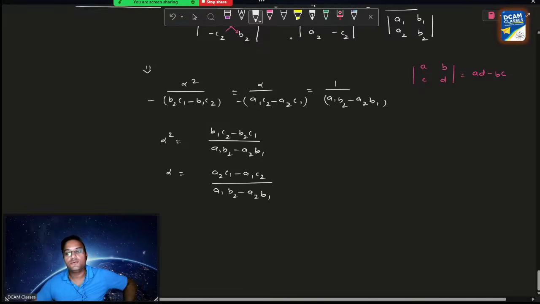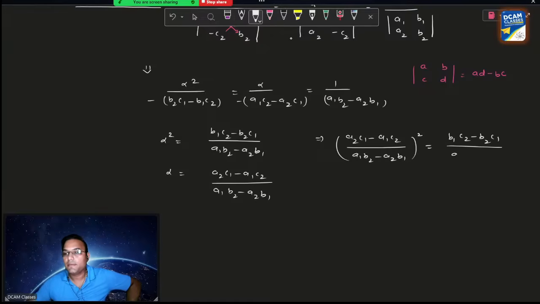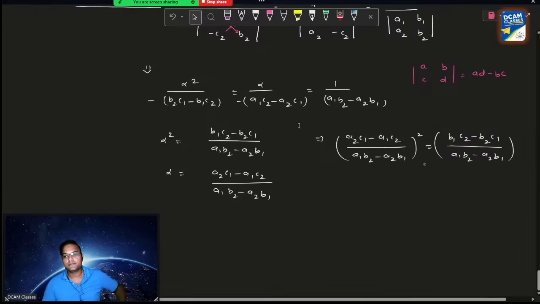Now if you use these two conditions, the alpha value you can put here. So the condition that you are going to get is: a2 c1 minus a1 c2 divided by a1 b2 minus a2 b1, this whole square, will be equal to b1 c2 minus b2 c1 divided by a1 b2 minus a2 b1. See, I am just showing you how to get the condition.